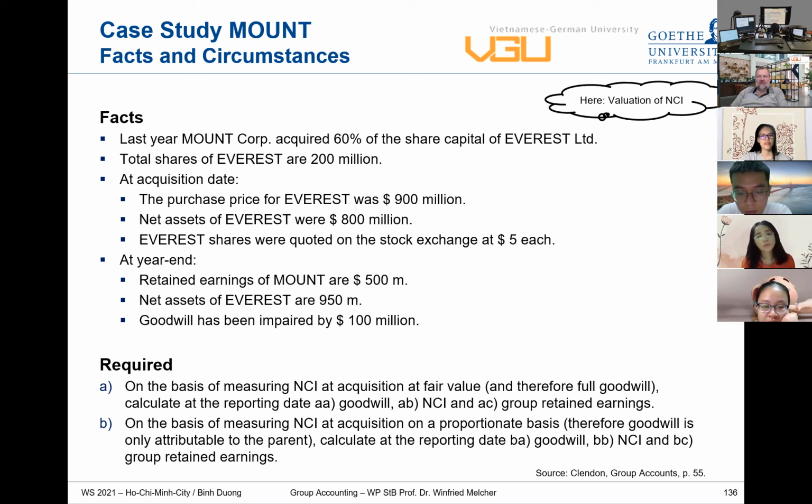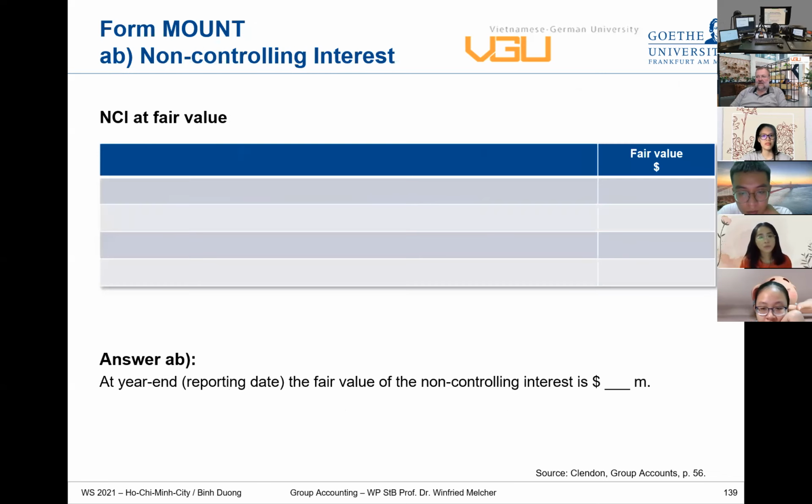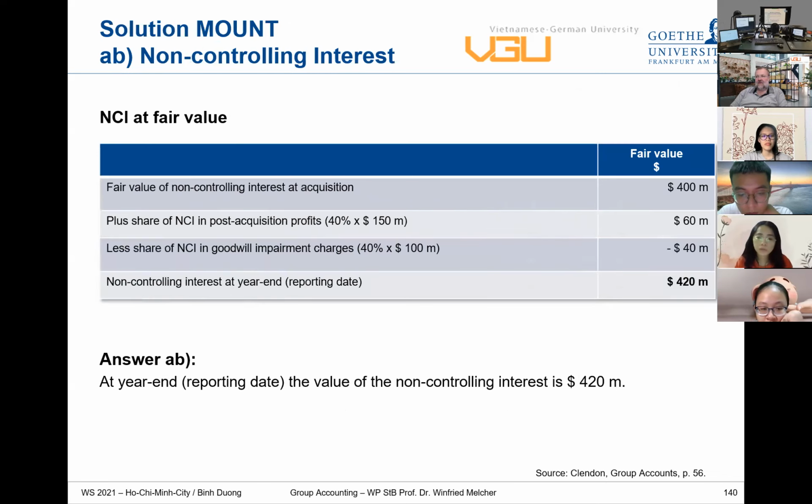So you could say there is an increase in net assets of 150, but you could also say there is a profit of 150 million during that period. So what will we have to do?